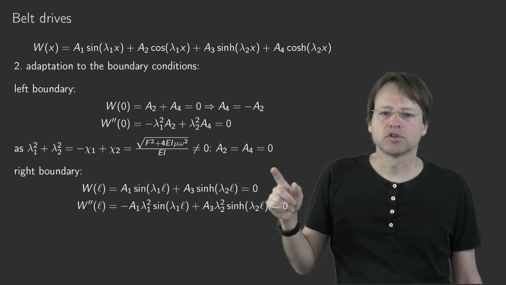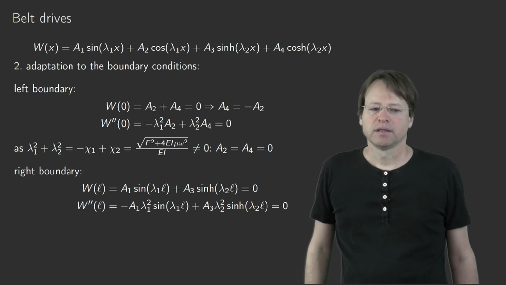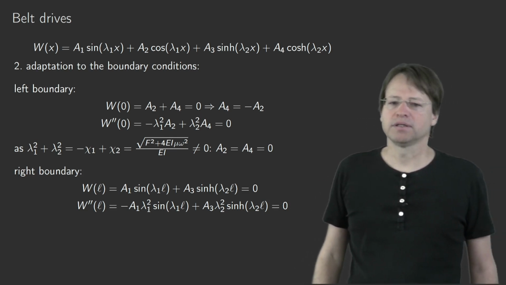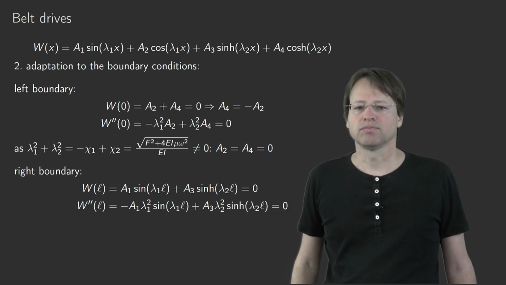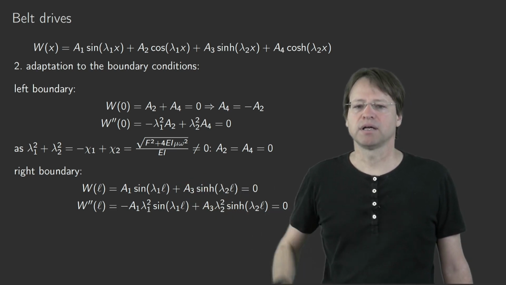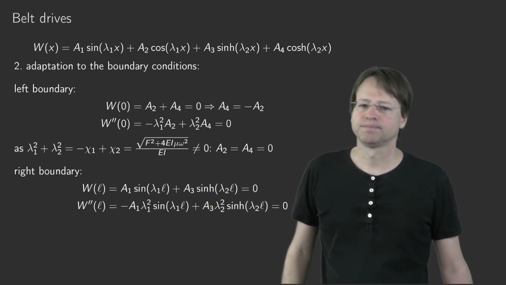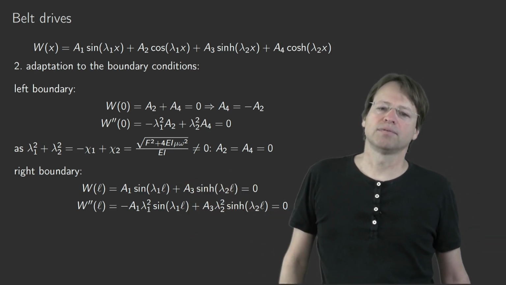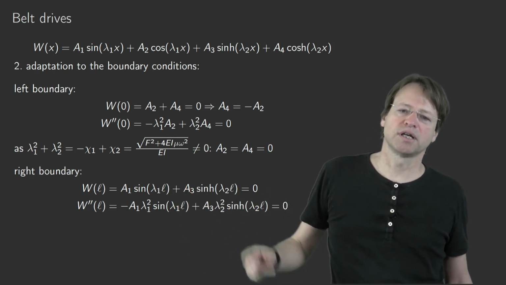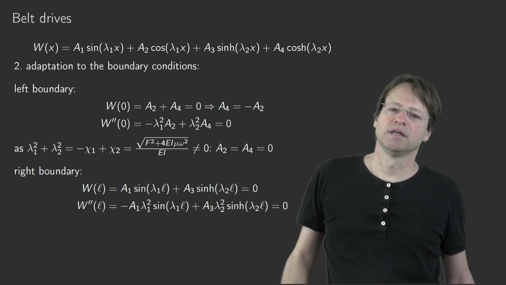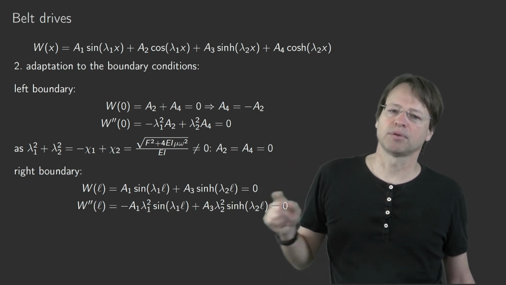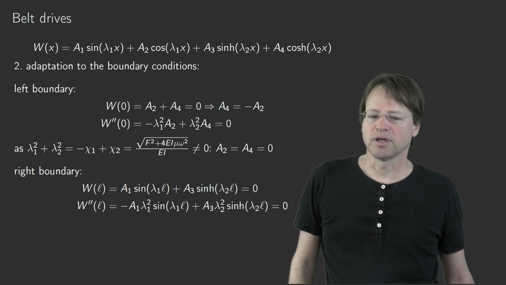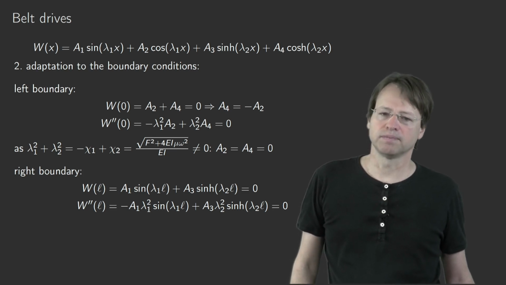Now, of course, first of all, observe that we have to set a3 to 0, because we could multiply that equation by lambda 1 squared, then add the two equations. The first term is of opposite sign, the last term would lead to a3 times lambda 1 squared plus lambda 2 squared times hyperbolic sine of lambda 2L must be equal to 0.